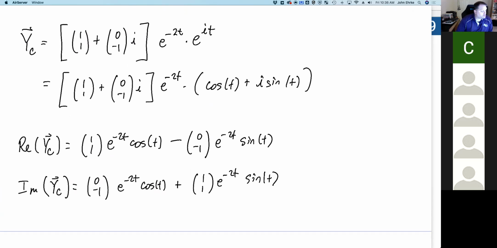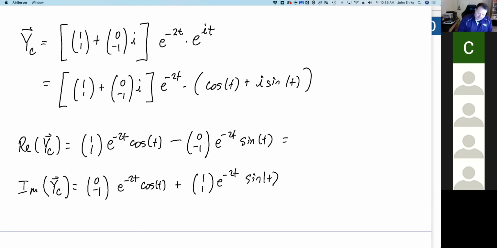Now, one of the primary mistakes that I see students make when they work through this is they think the imaginary part includes the i. It does not. The imaginary part is only the thing which is multiplied by the i in the expression. So don't include the imaginary number in either one of these solutions.